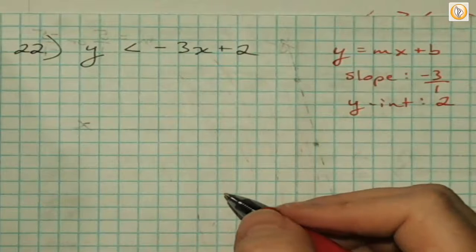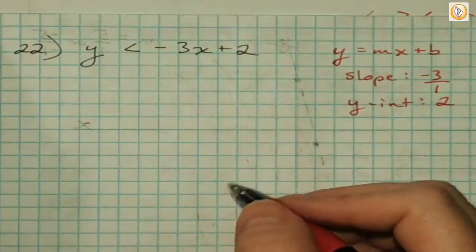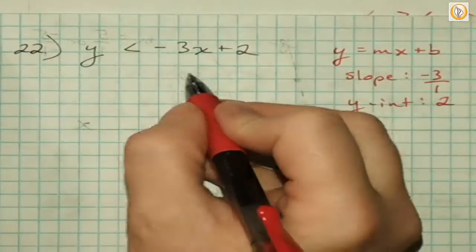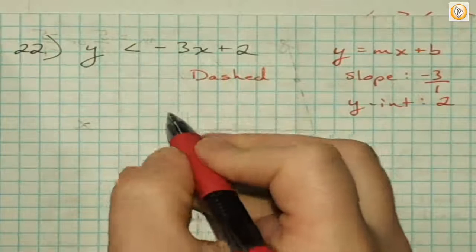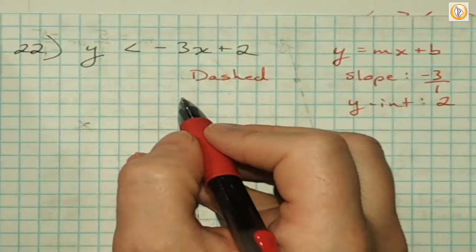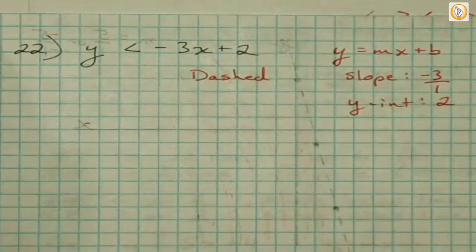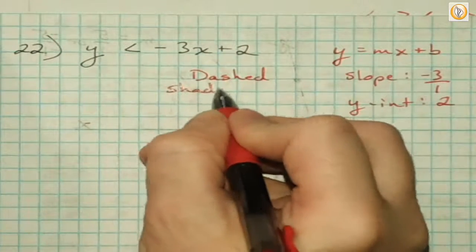Now, is this a solid or dashed line? It is dashed. And am I going to shade below or above? You are going to shade below the line. That's right.